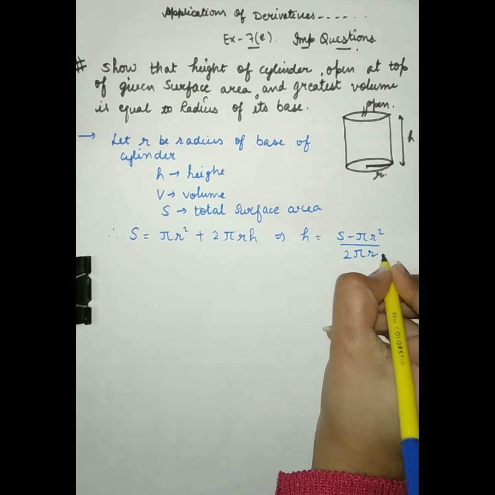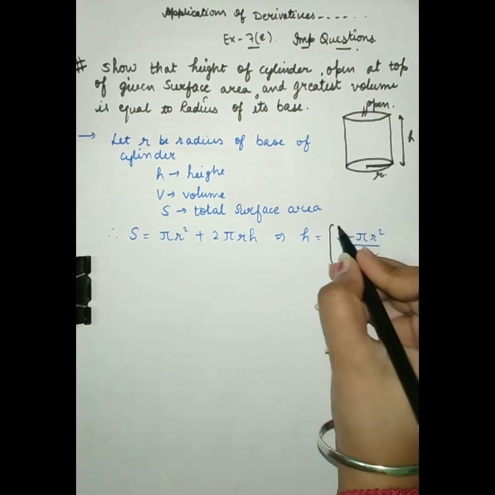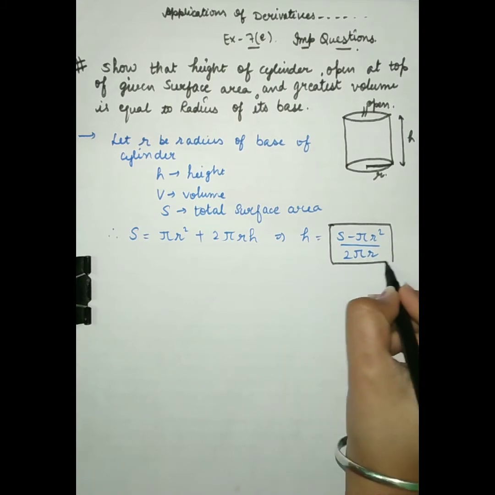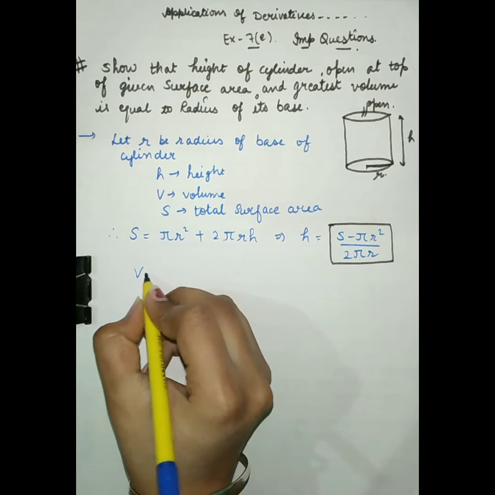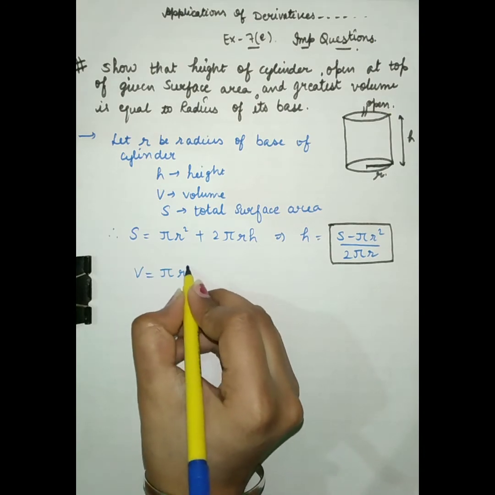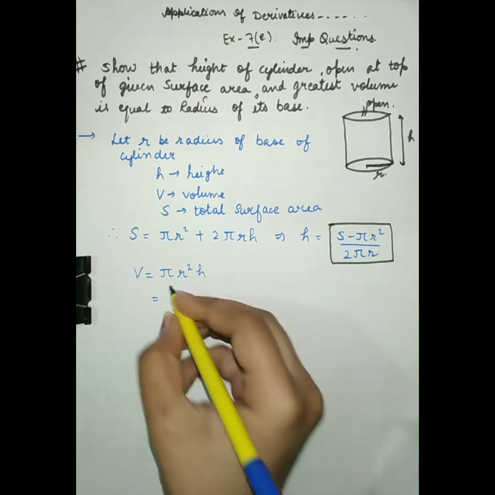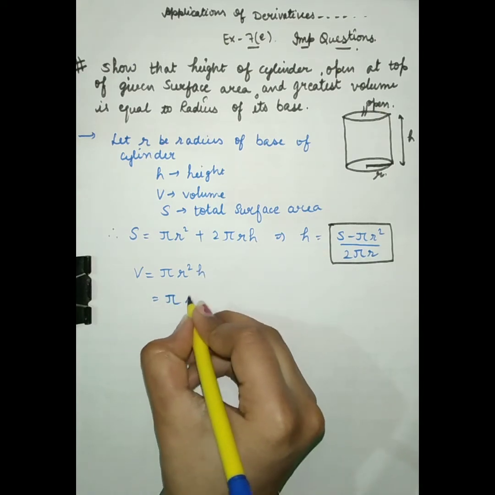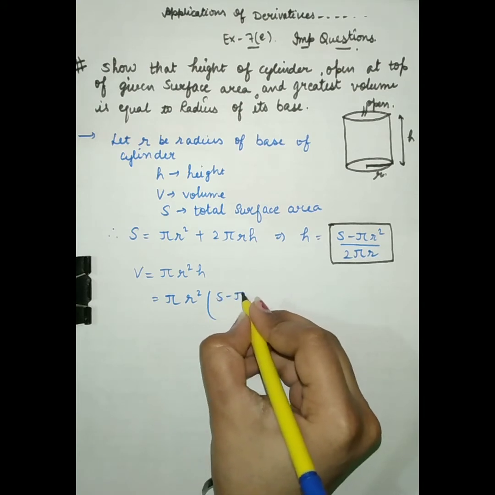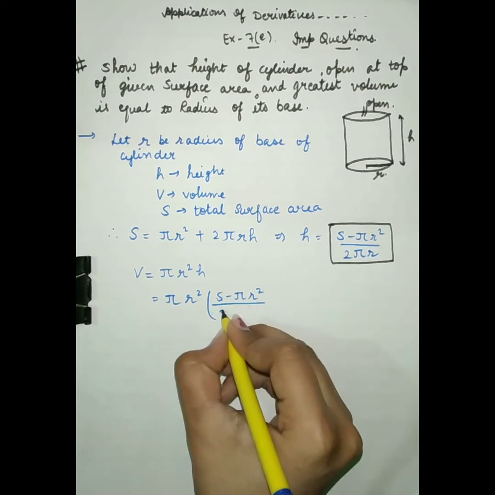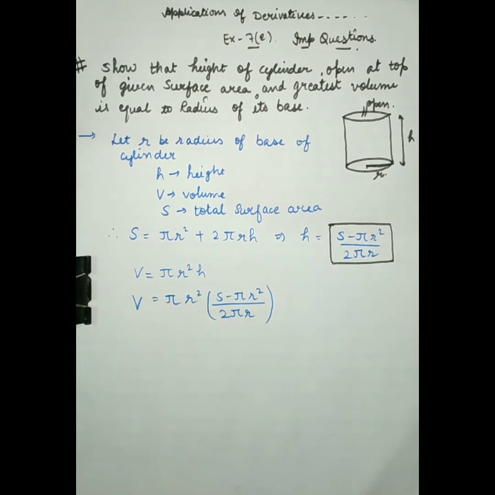This is the value of H. And the volume of the cylinder will be equal to pi r square H. By putting the value of H here, we get volume equal to pi r square into S minus pi r square upon 2 pi r.